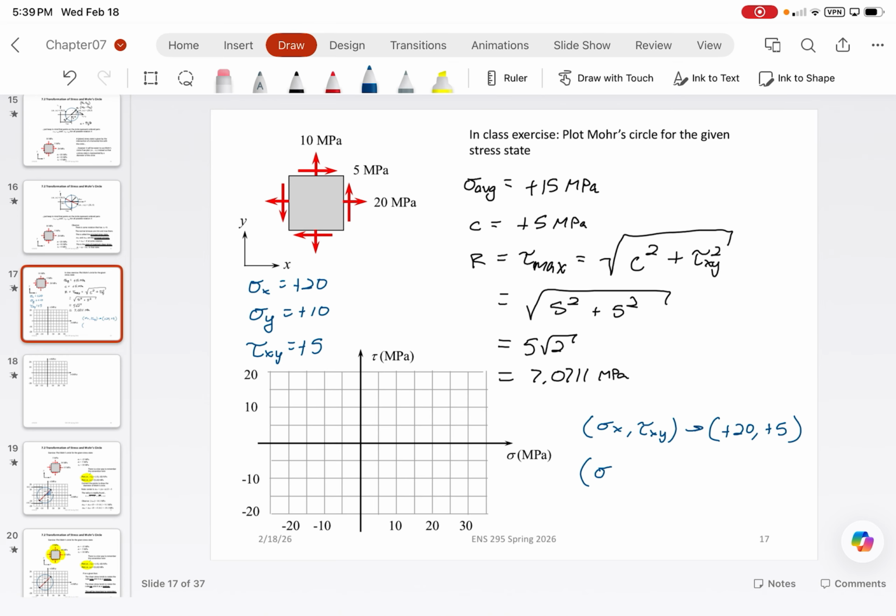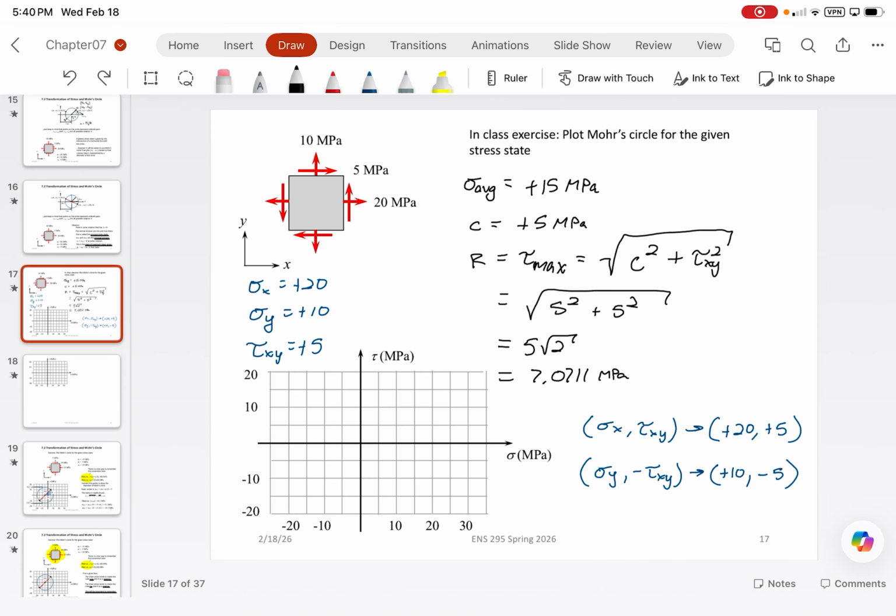And then sigma y, comma, negative tau xy is going to be positive 10, comma, negative 5. All right? So from there, we now have all of the coordinates that we need.